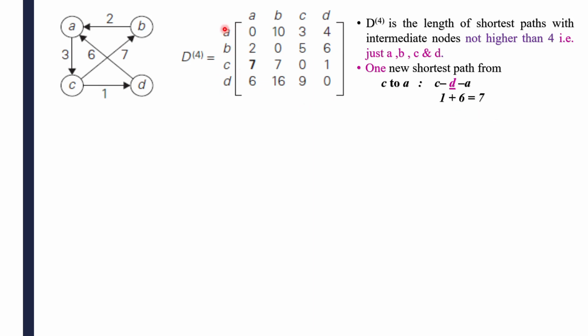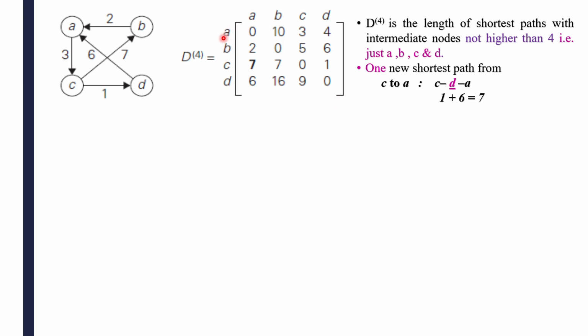So how many vertices are there here? 4 vertices. That's why you can take up to 4 intermediate nodes and find the path here. At the end, after taking 4 intermediate nodes, what result will we get? This we call a distance matrix. What is this distance matrix? It is the solution to the problem: all pair shortest path.